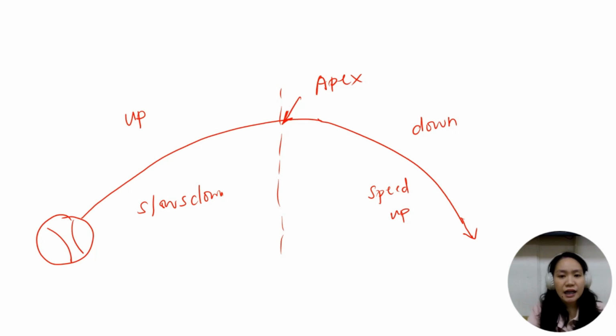This is because as the object goes up, its velocity is directed upward, going against the acceleration due to gravity. And we've learned before that when the two vectors, velocity and acceleration, oppose each other, the resulting motion is decreasing velocity, or slowing down. But upon reaching the highest point, the object will then come back down, and its velocity is directed downward with the acceleration also downward, so the resulting motion is increasing velocity, or speeding up.